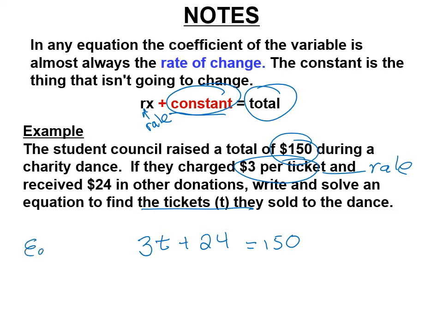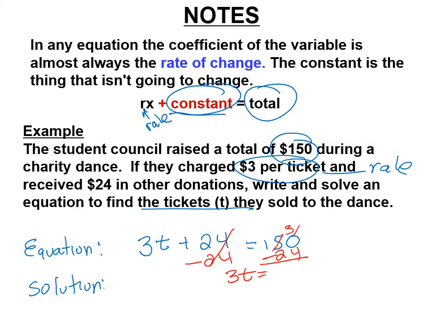And in your homework, there's going to be a spot where it says write the two-step equation, and then you're going to fill in another blank which has the solution, right? And so the solution part should be easy, because these are nice and easy. We subtract 24 from both sides. 3t equals... let's do a little borrowing, and we get a 6, and 13 minus 2, well, 3 minus 2 is 1, so we get 116.